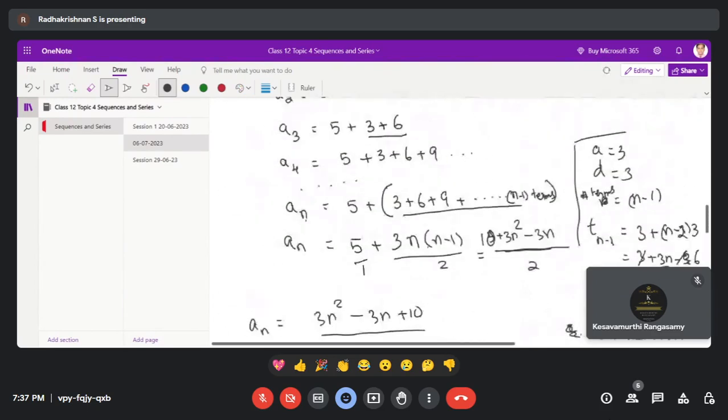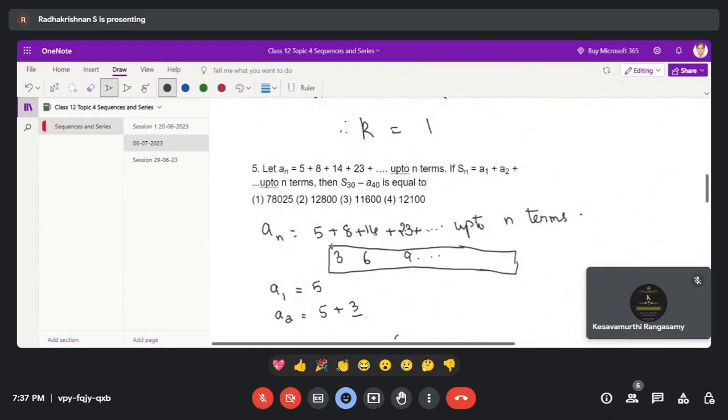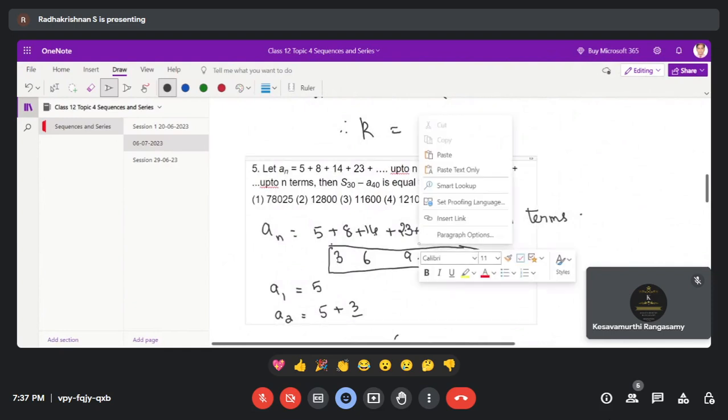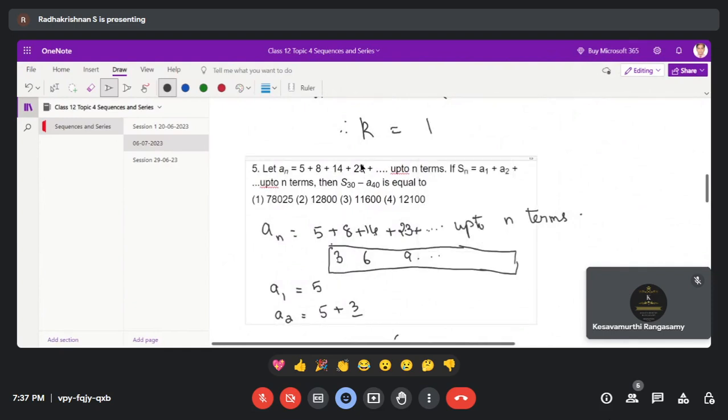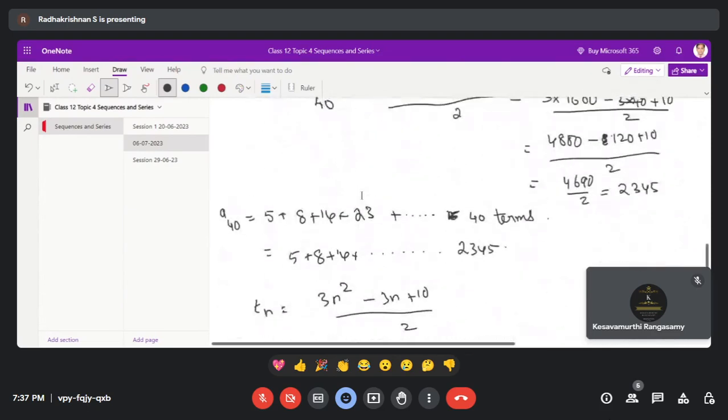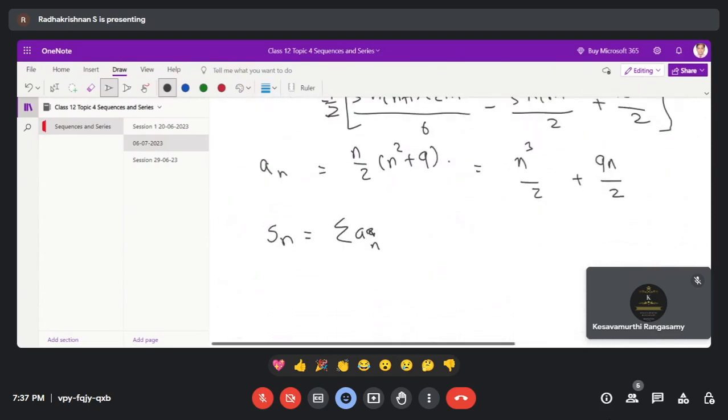Right? So that's what is given. Sn is equal to sigma of An up to n terms, A1 plus A2 up to n terms. So once you have determined An, you have to again do the summation for Sn. So that means this is sigma of n cube by 2 plus 9n by 2.